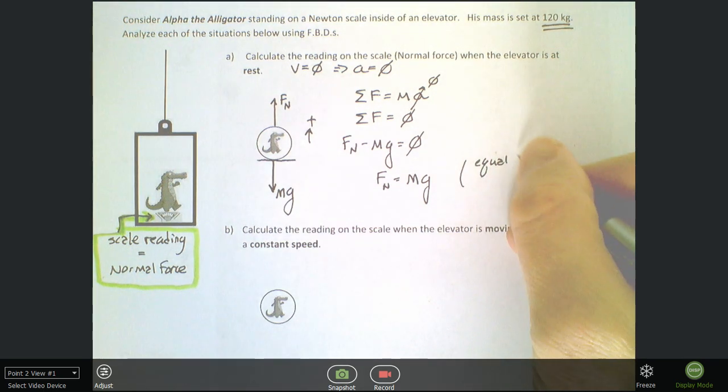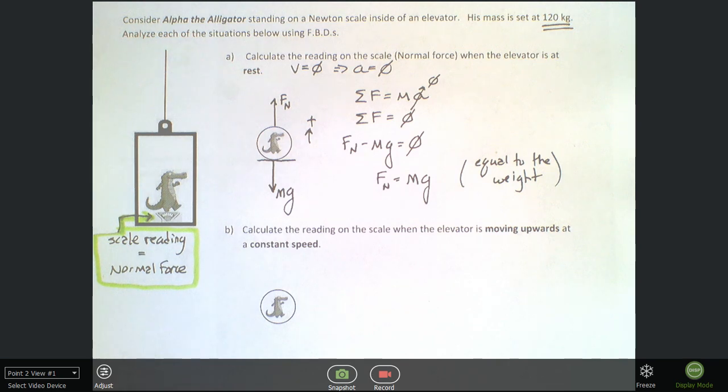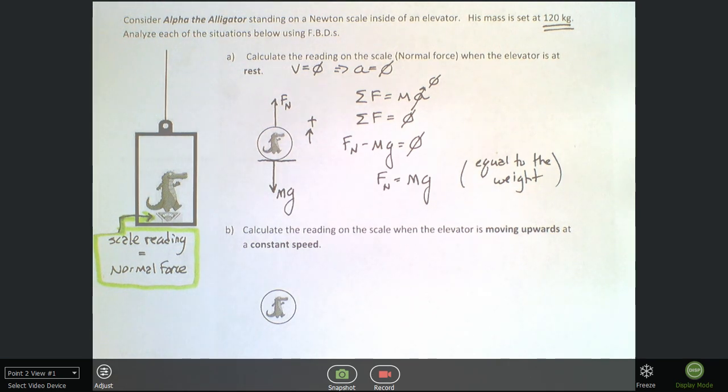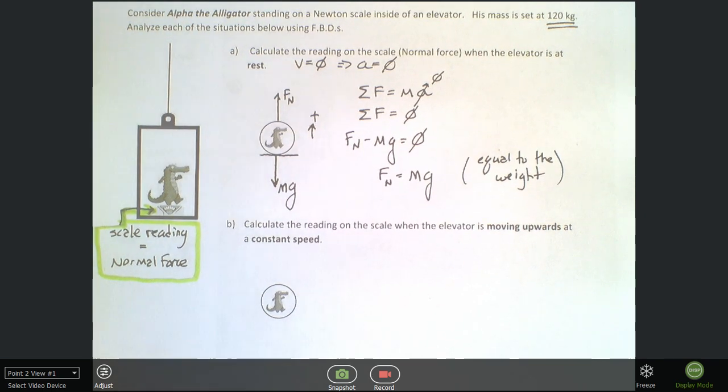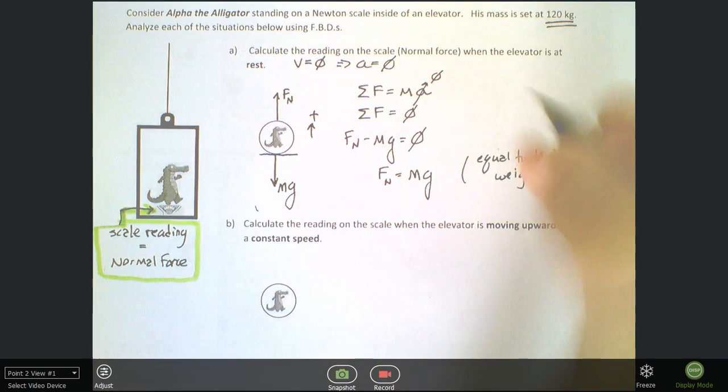If you ask the alligator, he would just say, well, okay, I'm standing here. That's all that's happening. I'm at rest. I am not accelerating, and therefore the reading on the scale matches exactly what I normally weigh. And so that is the balancing force because there's no acceleration up, and the system is not accelerating down.